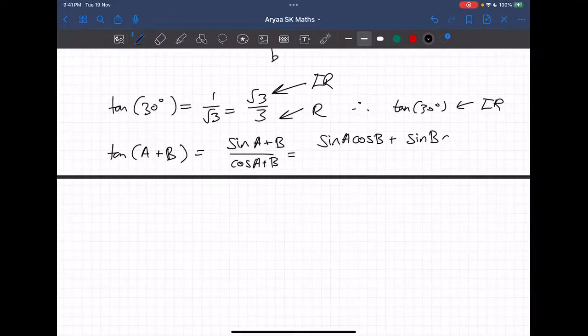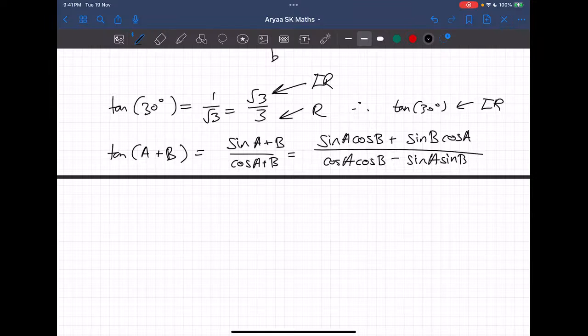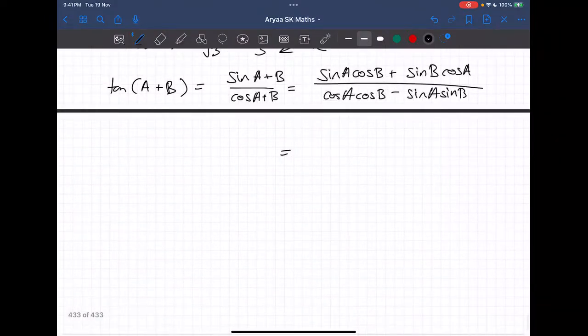That's sine A cos B plus sine B cos A over cos A cos B minus sine A sine B. And then we divide everything by cos A cos B on top and bottom.